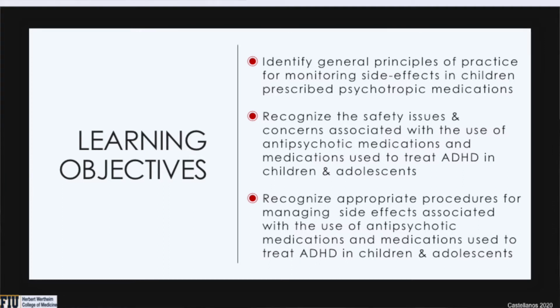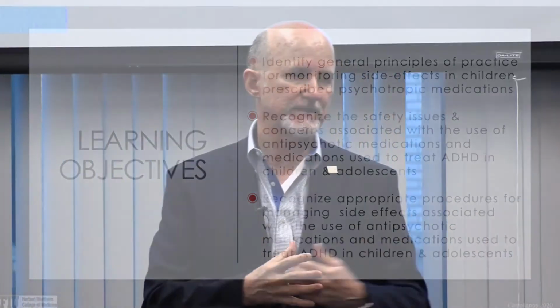That's to treat ADHD, so it's going to be antipsychotics and then the medications for ADHD. Why? Because antipsychotics, because of the more serious and more profound potential metabolic and other problems, and then the ADHD meds because they're the most commonly prescribed when you look at volumes of numbers, et cetera, as we go through.